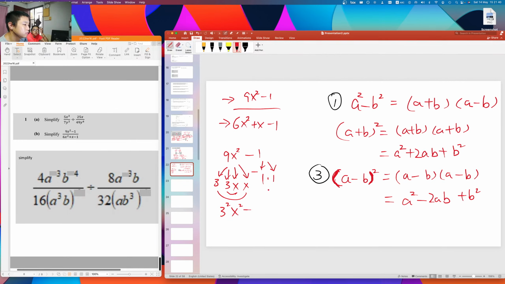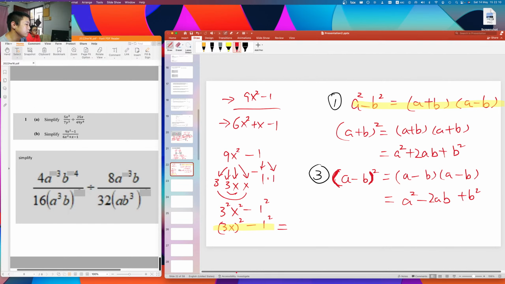Over here, how many 1 you have? 2. So there's a 1 squared. So once you reach this step, 3 to the power of 2, x to the power of 2, they are actually (3x) squared, and then 1 squared. Can you see that? Once you have this, can you see the similarity between this and this one?